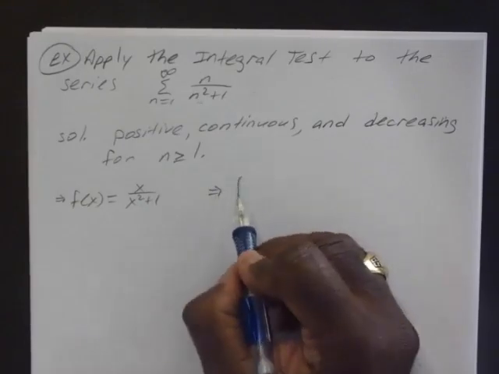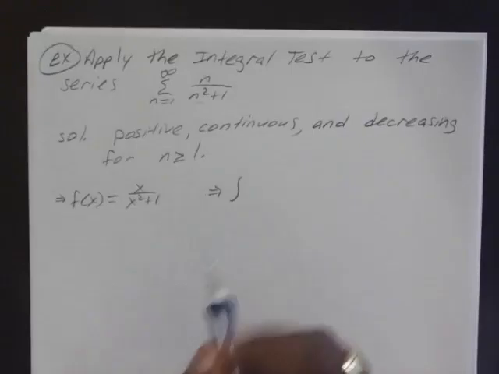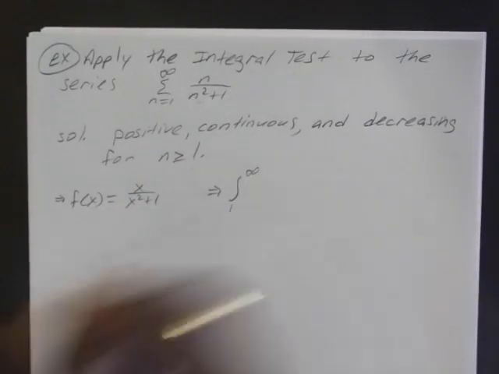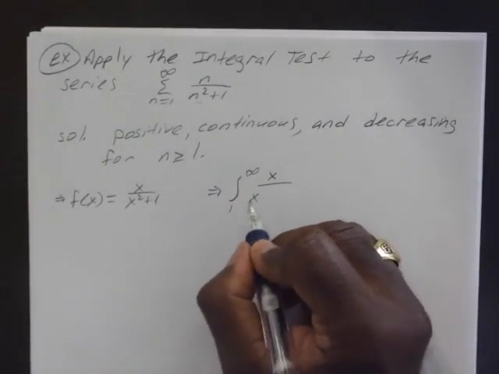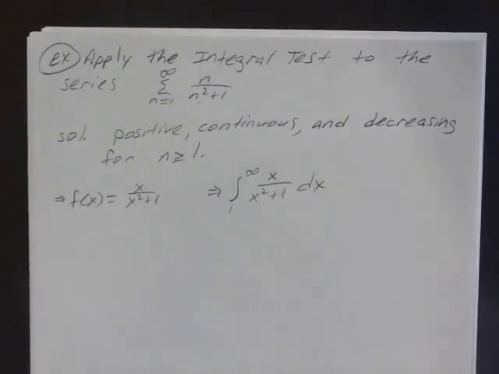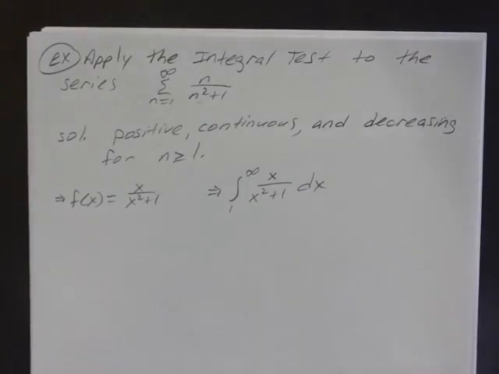That means we're looking for the integral from 1 to infinity of x over x squared plus 1 with respect to x. And again, if you left it at n, it would just be with respect to n. Only difference.